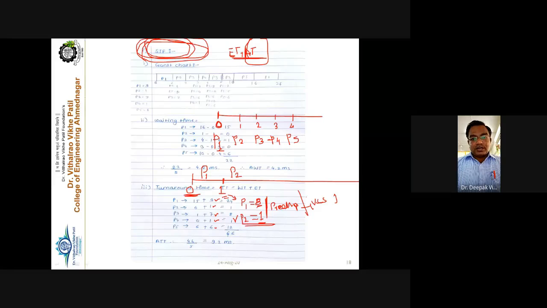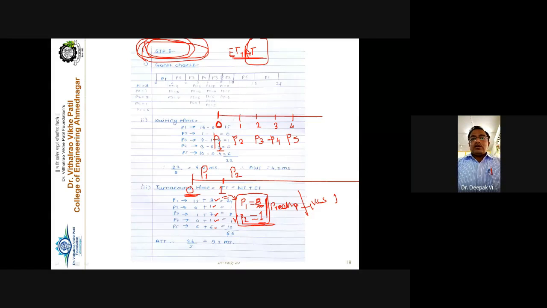Now at 1 millisecond, P1 is currently in a running state and the P2 process arrived. This is the scenario at 1 millisecond: P1 has 8 milliseconds remaining, and P2 needs 1. P2 is the newly arrived process and P1 is the currently executing process.